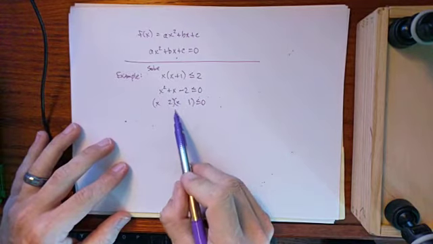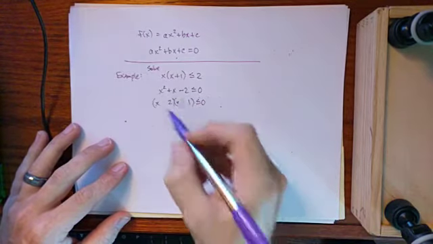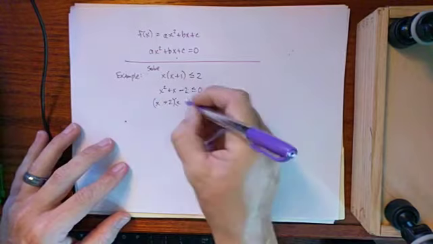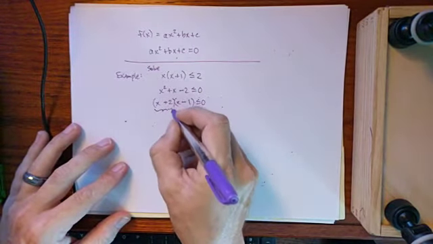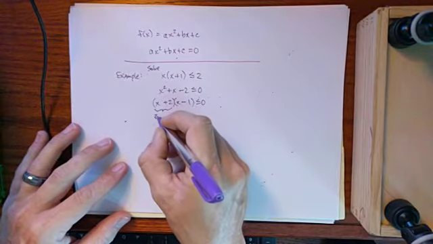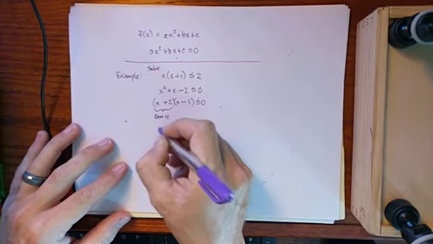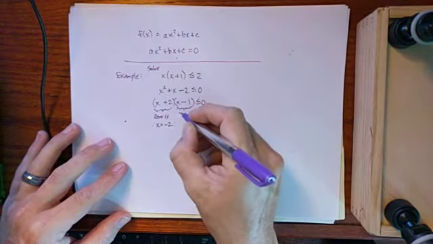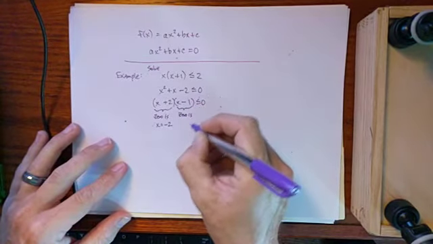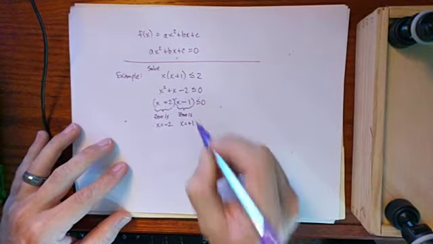And then I have to have the 2x and the 1x make positive x. So that means that this 2 gets a positive and this one gets a negative. All right, so the 0 of this is x equals negative 2, and the 0 of this factor is x equals positive 1.